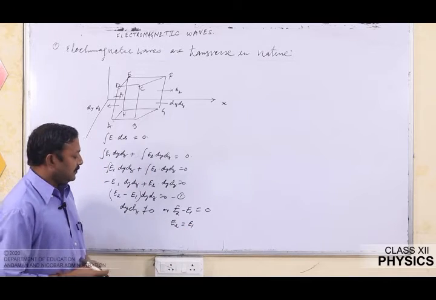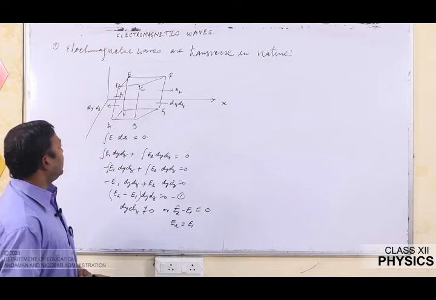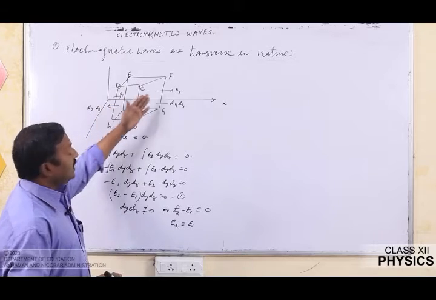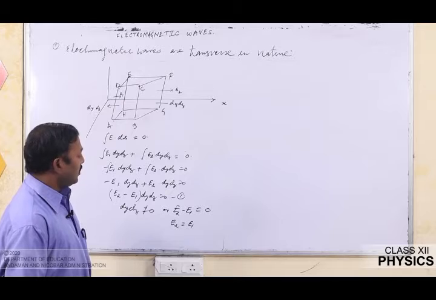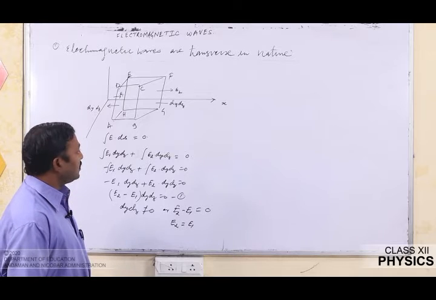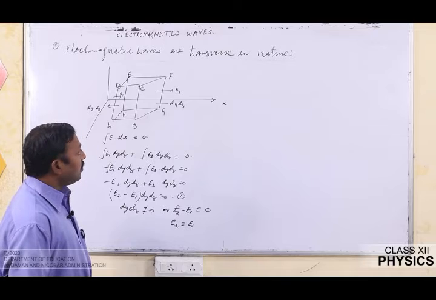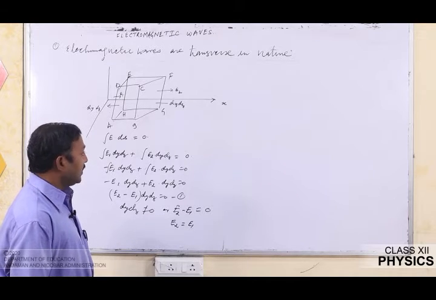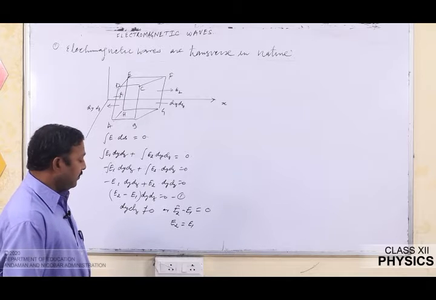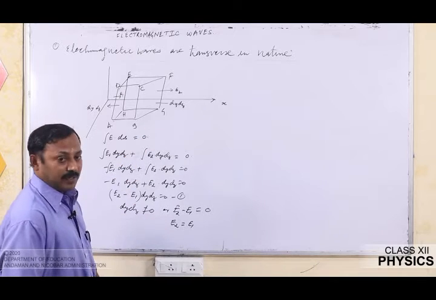So, we find that the considered electric field at the first surface and at the second surface comes out to be equal, and we know that a constant electric field cannot produce electromagnetic waves. That is why the electric field does not act along the direction of propagation of waves. Hence, the electric field must be perpendicular to the propagation of the wave.